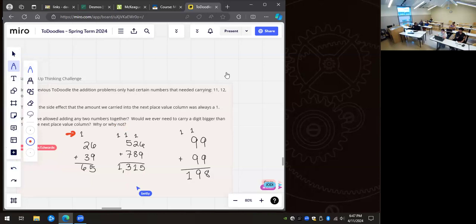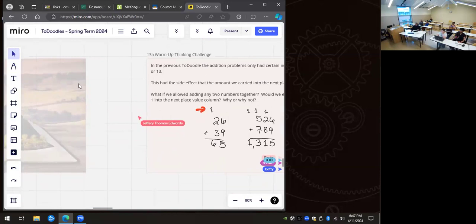There is one way that you would carry more than a 1 though, and the reason we're not thinking about it is because it's not something we do in school. If you have to add up a lot of numbers, then it might happen.